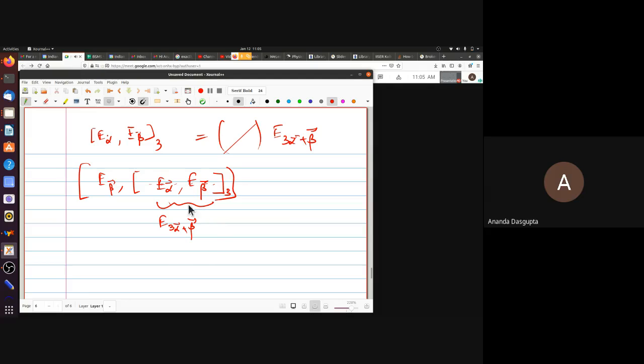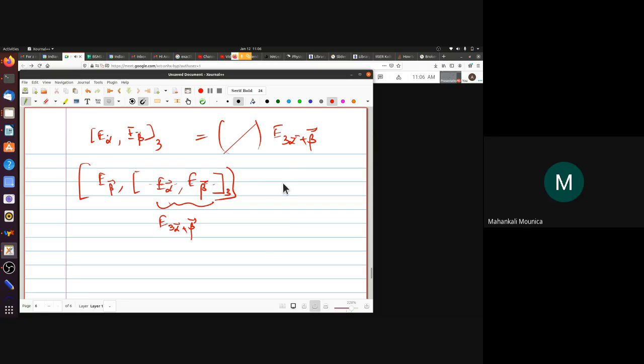Now, this is a member of an SU2 subalgebra generated by E beta, E minus beta, and E beta, E3 beta. What is that SU2 subalgebra? Spin half. That's a spin half, right? Because it can only be raised once and no further, and this is the lowest state of that, right? Is that okay?